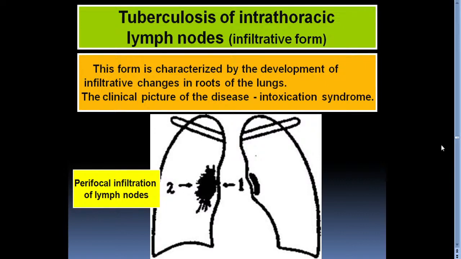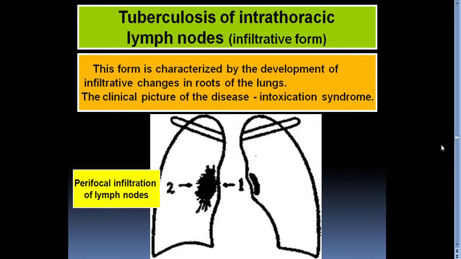Infiltrative form of tuberculosis of intrathoracic lymph nodes. This form is characterized by the development of infiltrative changes in roots of the lung. Formation of perifocal infiltration of lymph nodes is typical for this form.